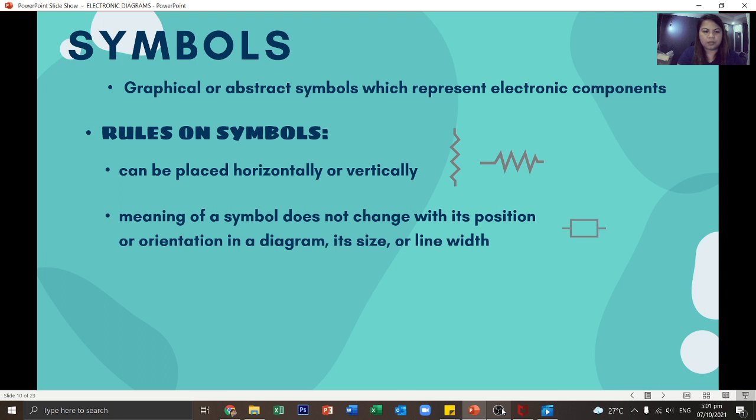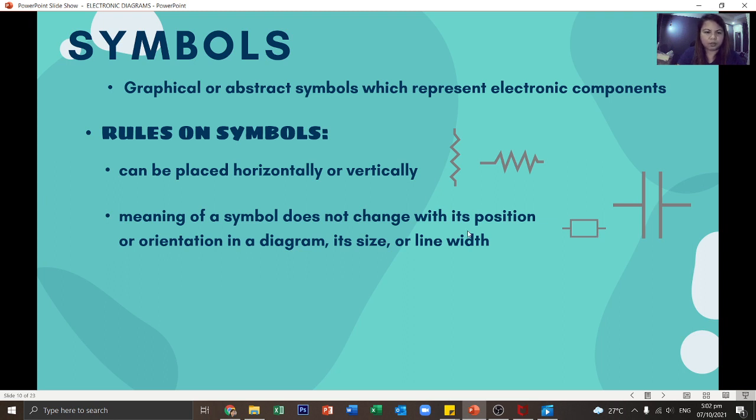So, for example, this resistor is drawn small while this capacitor is bigger. It doesn't mean that if we draw the capacitor smaller, the value or the meaning of the symbol will change. Just like this one, if we use the IEC drawing for resistor, it doesn't change the meaning of the symbol.